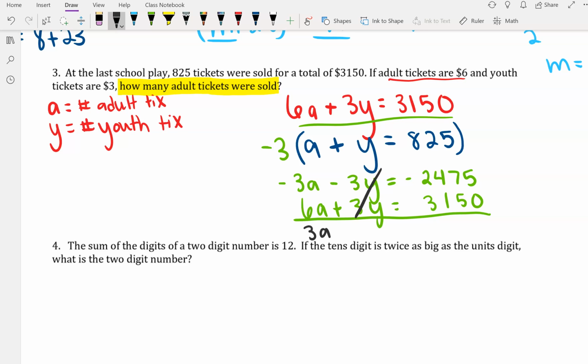The Y's cancel, equals -2475 plus 3150 is 675. And then to get A by itself, I just divide both sides by 3. So I get that A equals 225. So 225 adult tickets were sold.